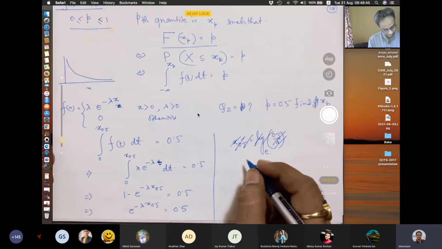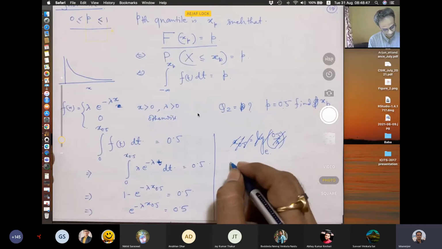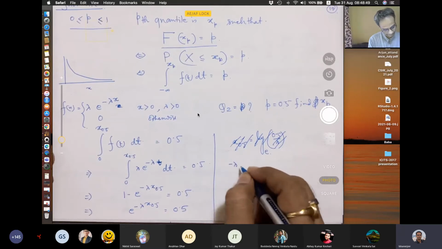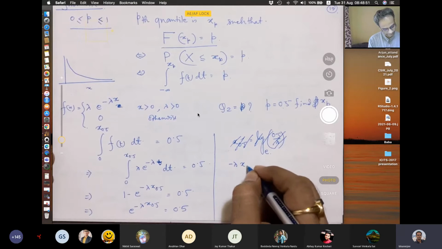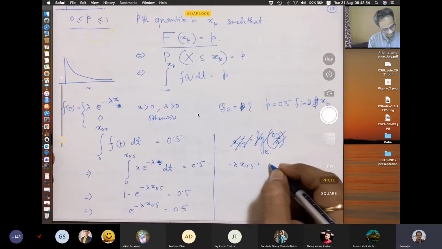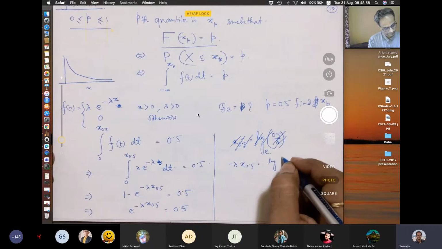So you have to first take log. So minus lambda x_0.5 equals log half.